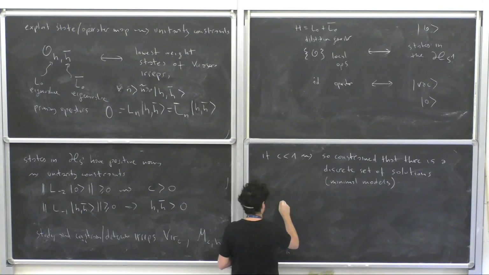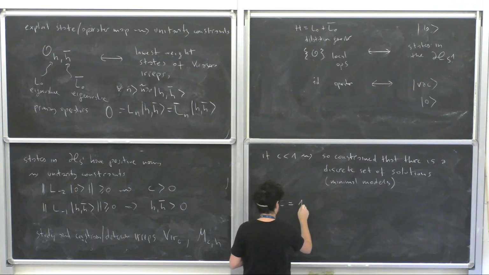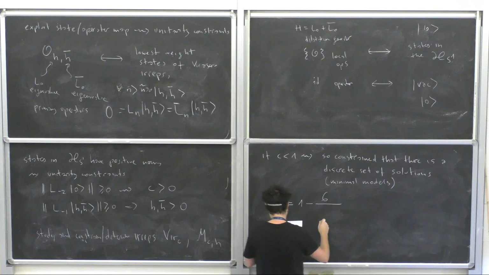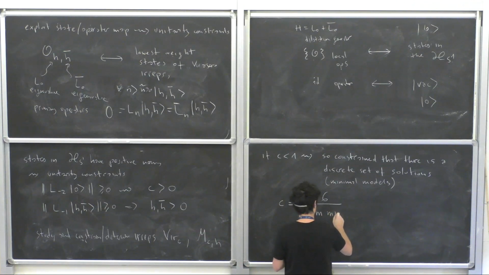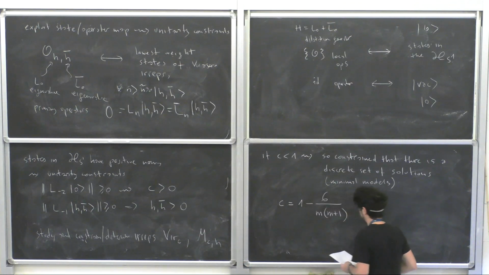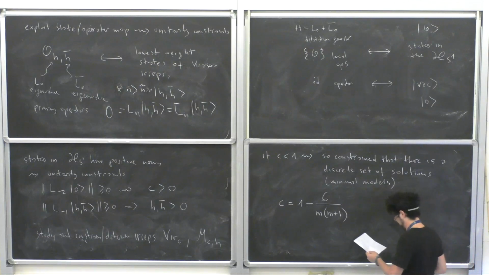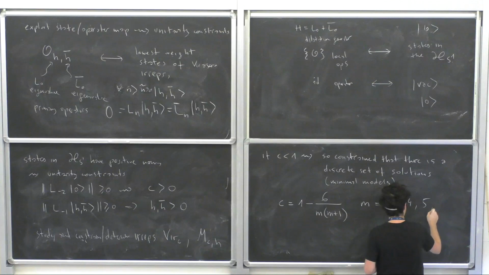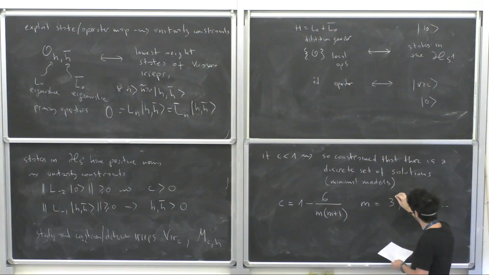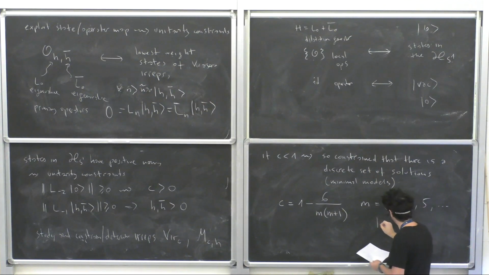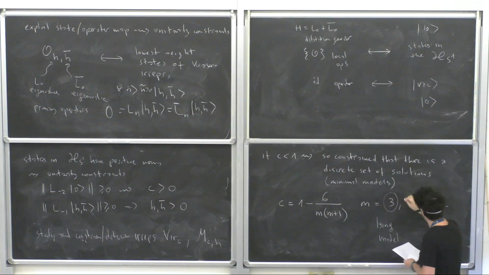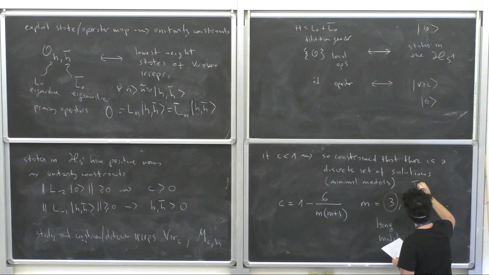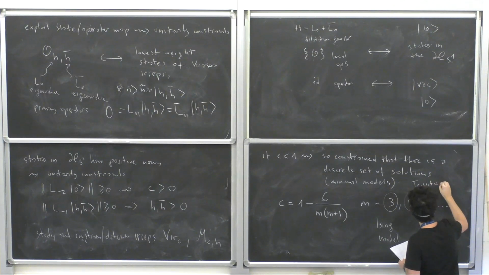And their central charges go like this: 1 minus 6 over m times m plus 1, where m is 3, 4, 5, and so on. For m equal to 3, we get the Ising model. For m equal to 4, we get the tricritical Ising model. And so on.